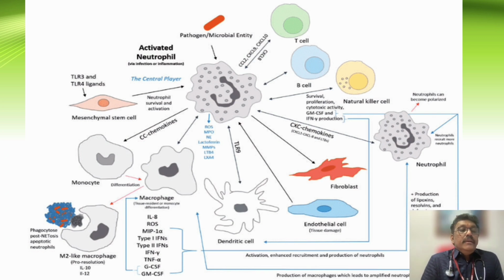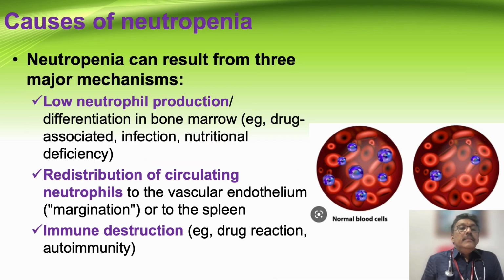There are different mechanisms like phagocytosis, and involvement of fibroblasts, endothelial cells, dendritic cells, macrophages. Different types of cells are formed from these neutrophils and try to neutralize these pathogens in our body. So when the neutrophil count is reduced, it reduces our total body immunity.